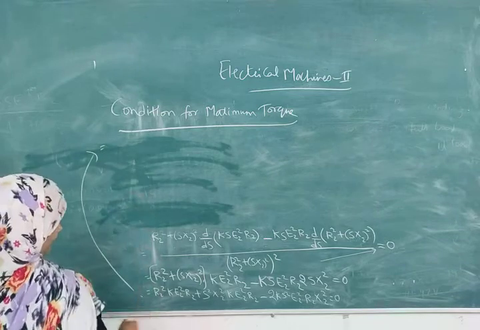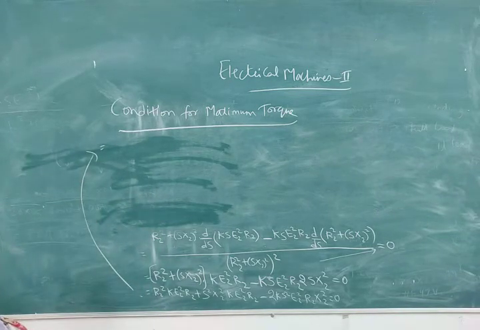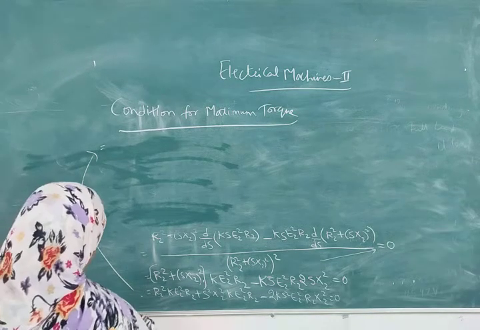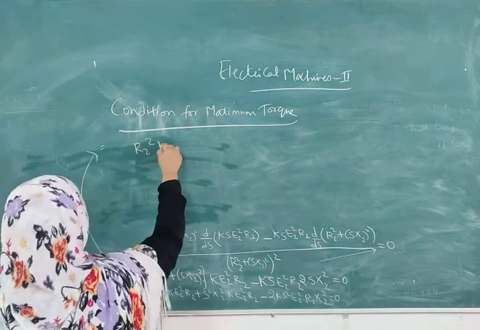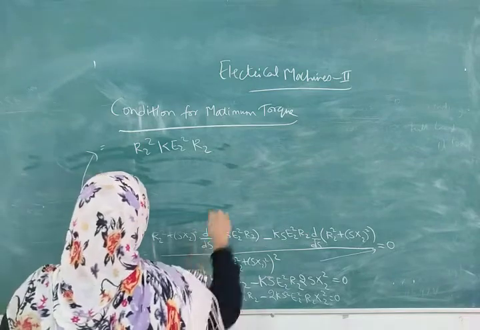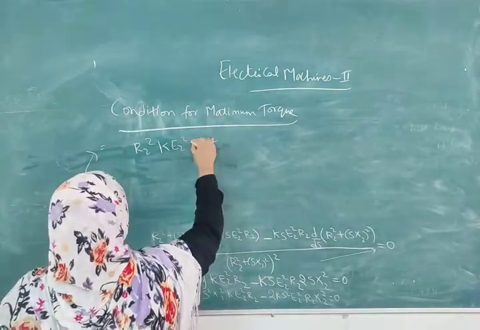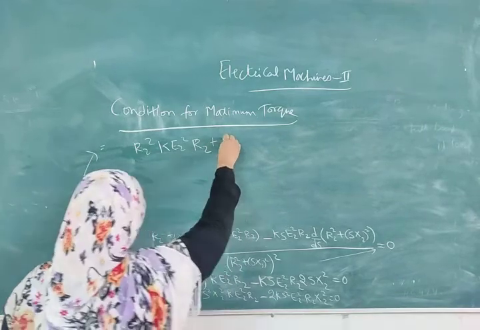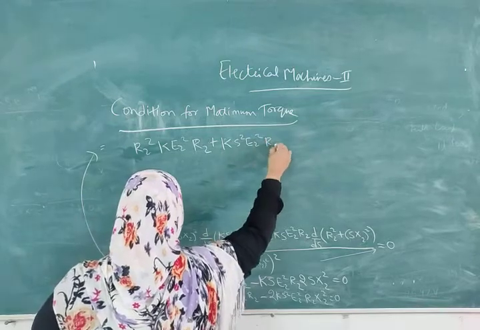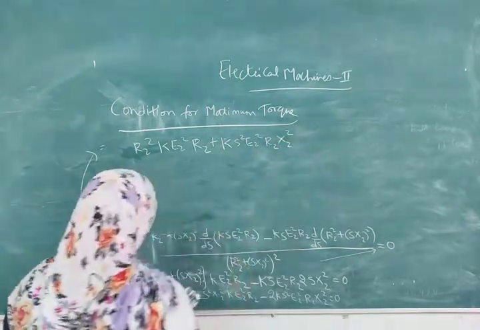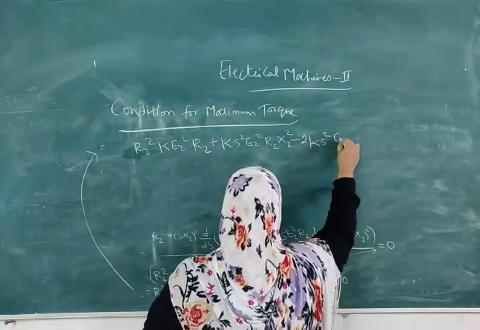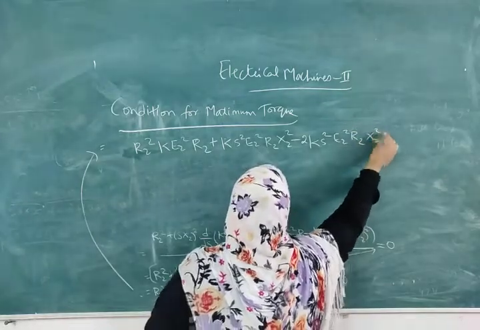So that will be R2 square K E2 square R2 plus K s square E2 square R2 x2 square minus 2K s square E2 square R2 x2 square.